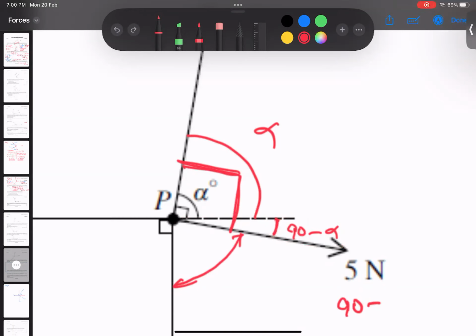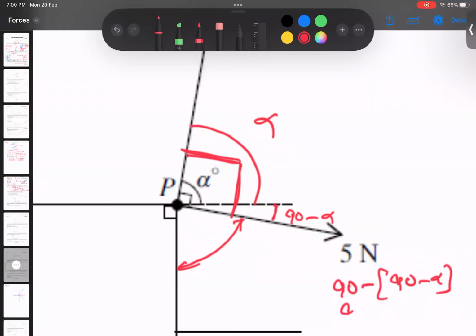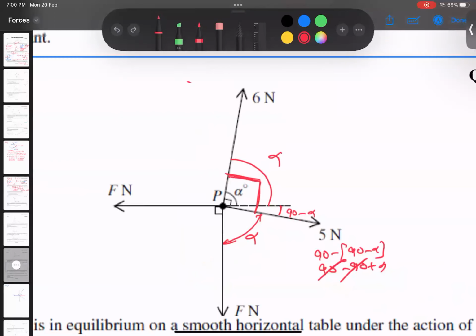When I subtract this one, I get 90 minus alpha. Expand the bracket: 90 minus 90 plus alpha, the 90s cancel, this becomes alpha. So I believe you got my point that this is alpha and this is 90 minus alpha, but I need this other angle. Why?